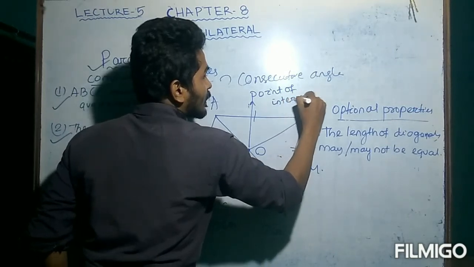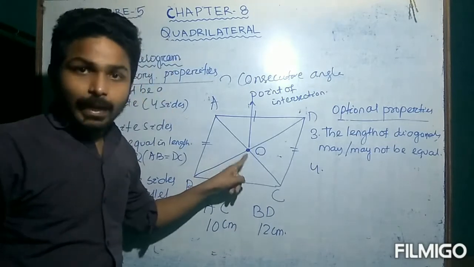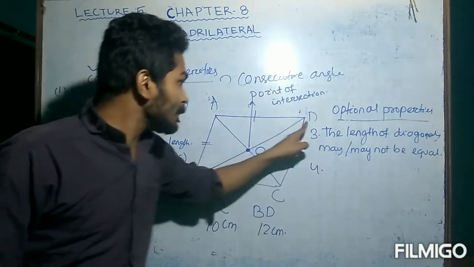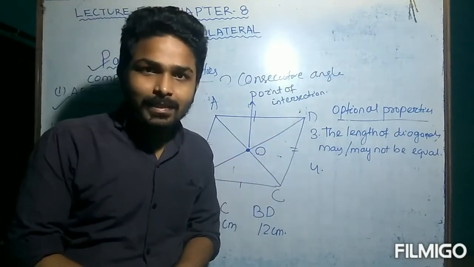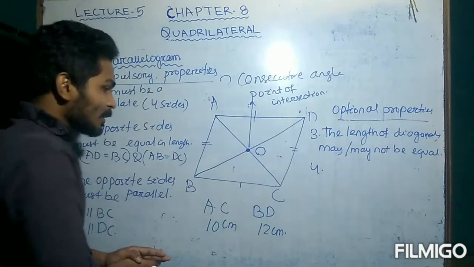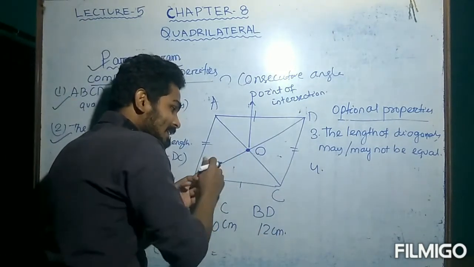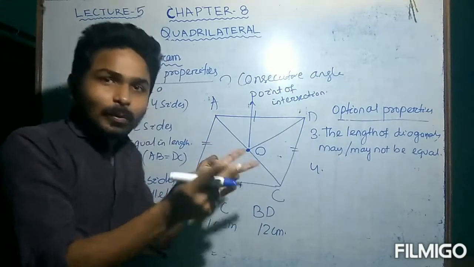Now the property of a parallelogram is that at this point, the diagonal BD is bisected. Bisected means it is divided into two equal halves. Since we have taken the length of BD as 12 centimeters, at this point, this 12 centimeters is divided into two equal halves.